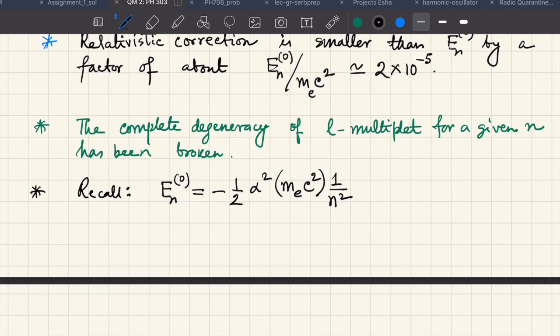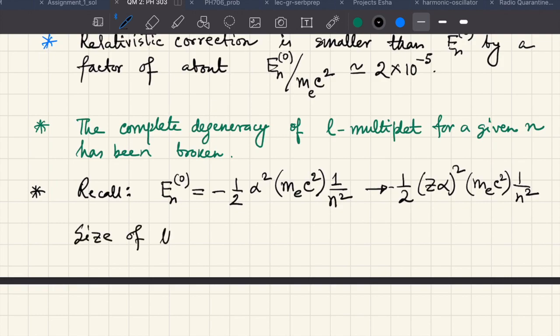Or if you have Z in the nucleus, atomic number Z, then this relation changes to this form, with 1 by n squared. So the size of the correction is of course of the order of z alpha to the power 4.